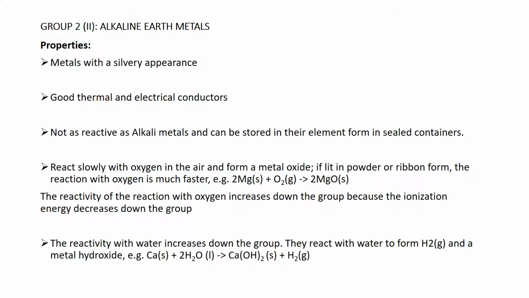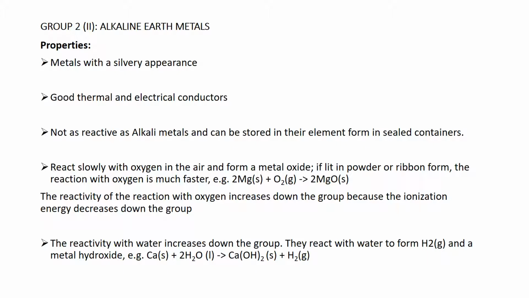Let's move on to the alkaline earth metals. What are their properties? They have a silvery appearance. They are good thermal and electrical conductors. They are not as reactive as alkali metals and can be stored in their element form in sealed containers.